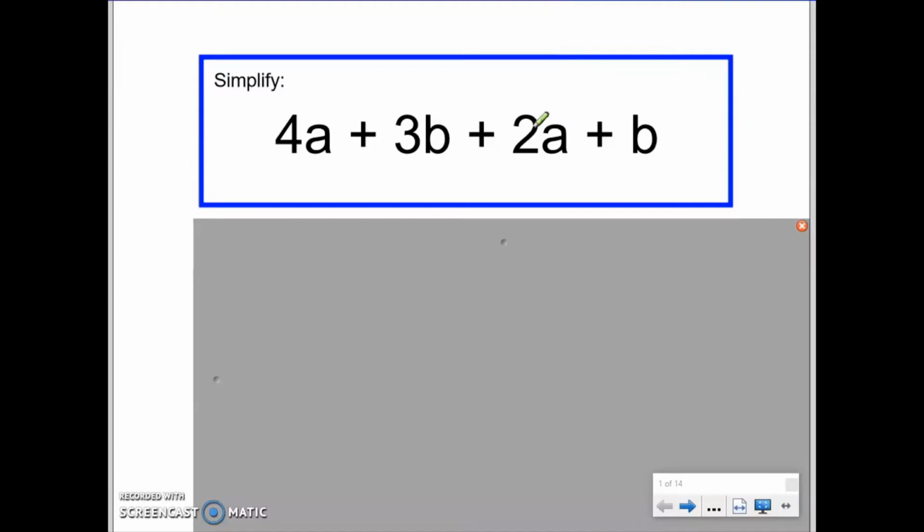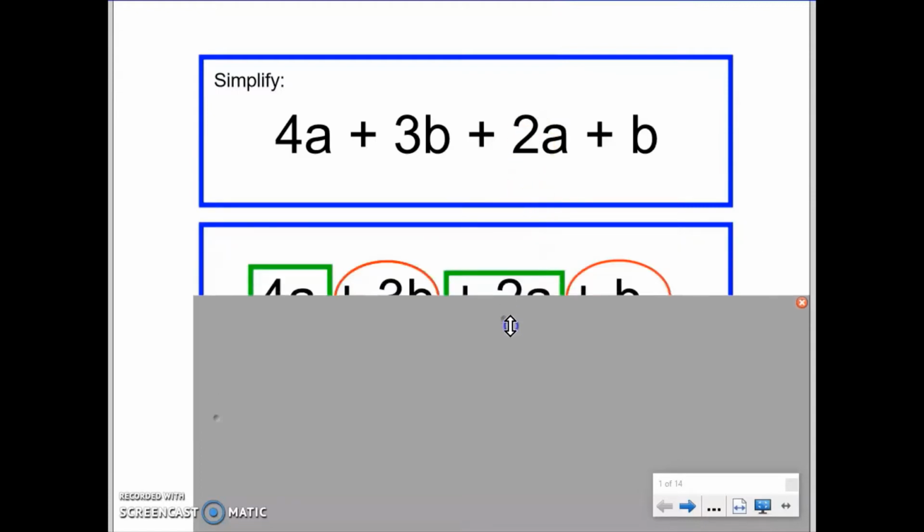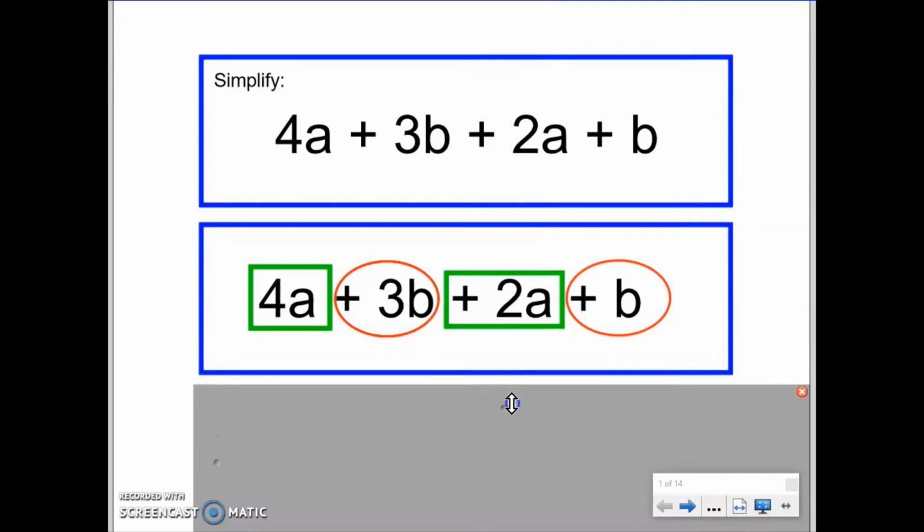Let's have a go at how we can approach this simplifying question. This is how I often explain my working out. I look at the like terms and the terms that are similar, for example, the a's, I'm going to highlight them in a certain color, or I'm going to draw a box around them.